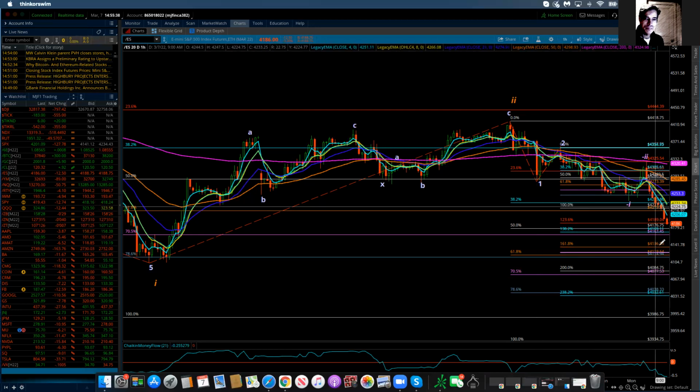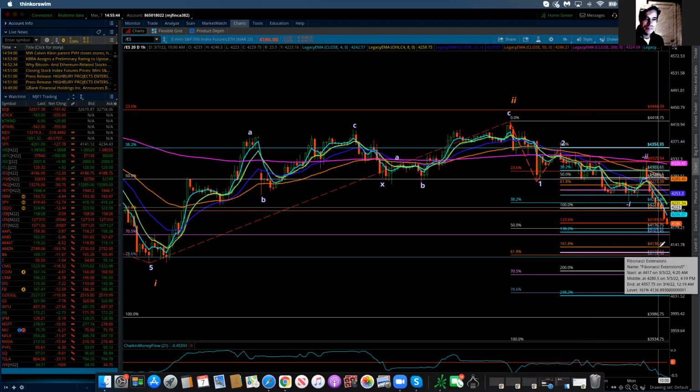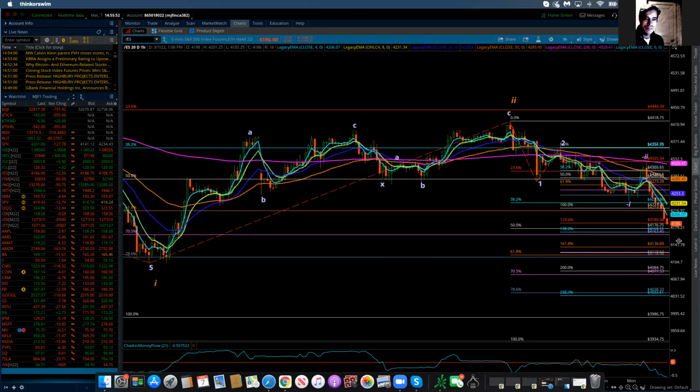Perfect. The 3, 4, 5 fits perfectly. So we're building our picture of what we can now likely expect. Now, it could do this all overnight, as a matter of fact. If we get a decent rally going here, where we can get that wave 4 in, and then a wave 5 decline brings it into here, then that just completes minute 3.